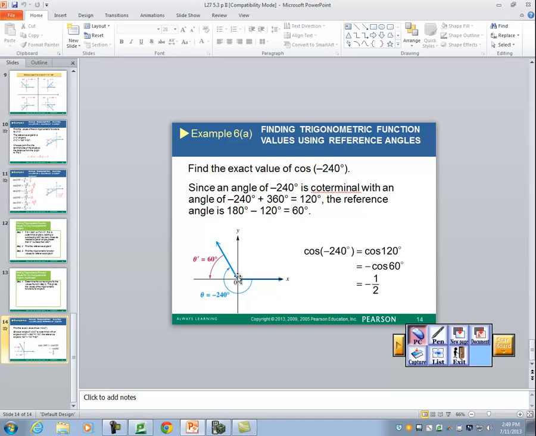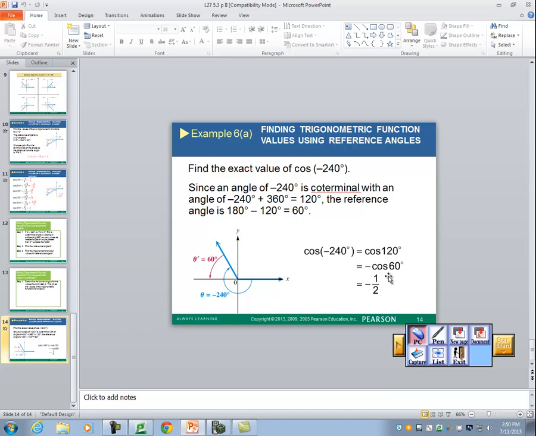So 120, you get they added 360, but you could also, so then from there they took 180 minus 120. But you could have also used 180 minus 240 and you could have gotten 60 that way too. Just remember that your reference angles are always positive.